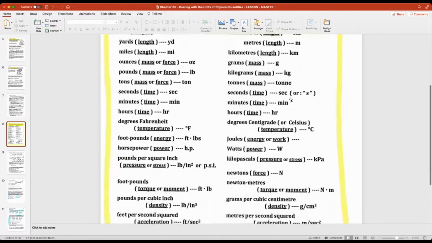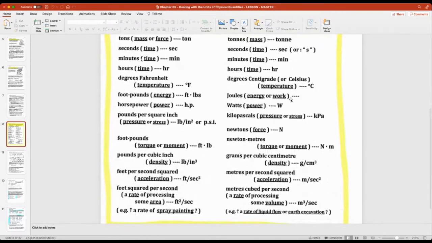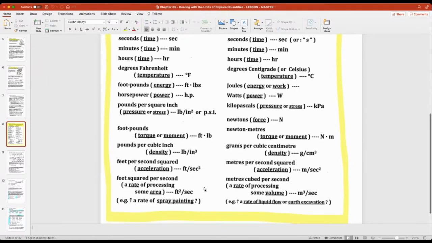But some of them down here might be weird for you. Case in point is PSI, or pounds per square inch, or perhaps foot pound, or some of this one down here, which if you haven't studied physics, is not as obvious to people. For example, feet squared per second, or down here, we might have kilopascals and quantities involving density.